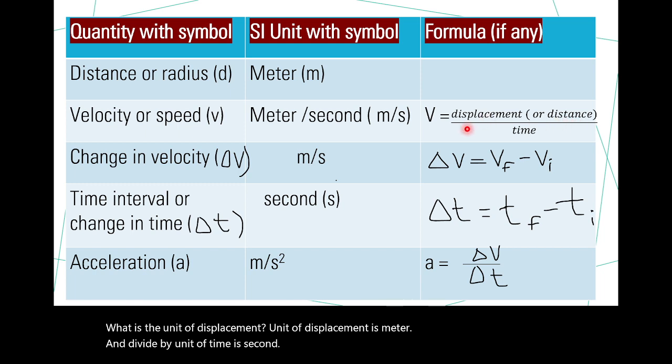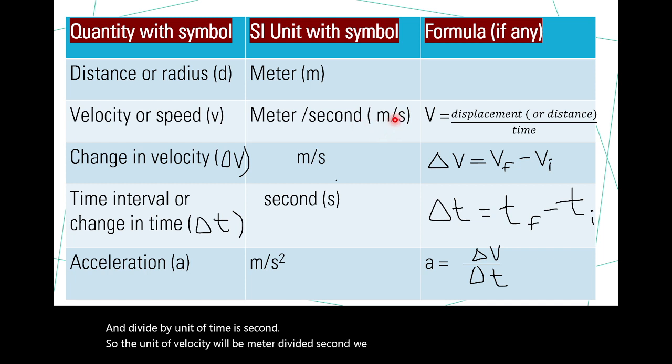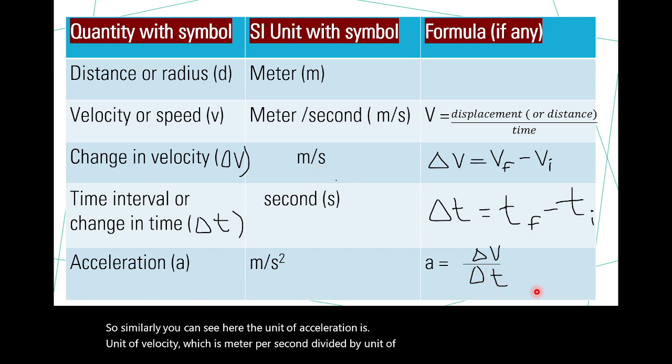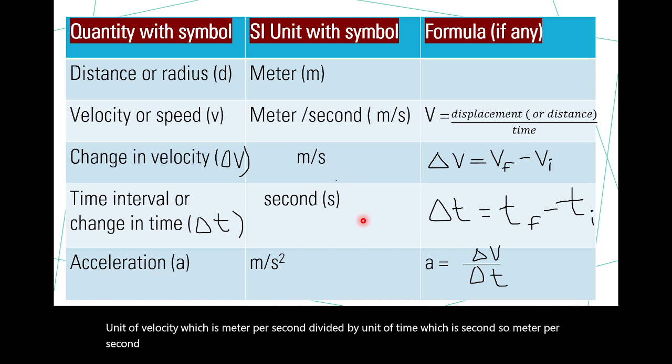So the unit of velocity will be meter divided by second. We call it meter per second. Similarly, the unit of acceleration is the unit of velocity, meter per second, divided by the unit of time, second. So meter per second divided by second gives you meter per second squared.